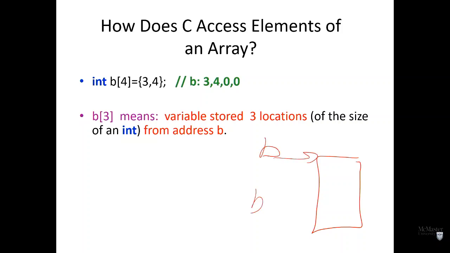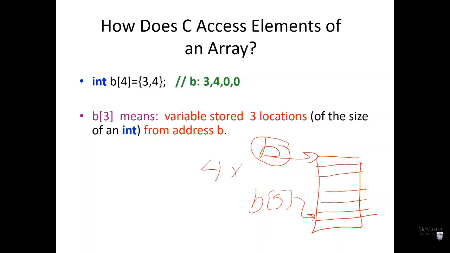I want to access B5, which is here: 0, 1, 2, 3, 4, 5. How would I get this address? You know each entry here is 4 bytes, so you multiply 4 by 5, which is your index, and then you go to this address. I gave you an example about this before. Good?